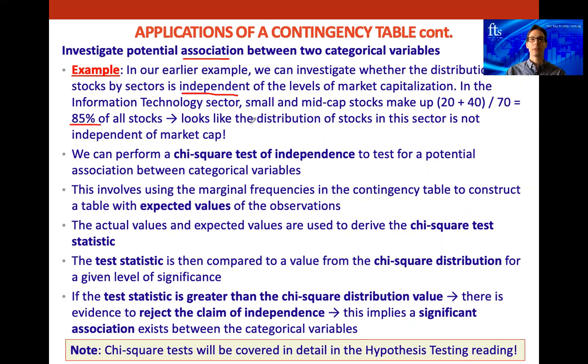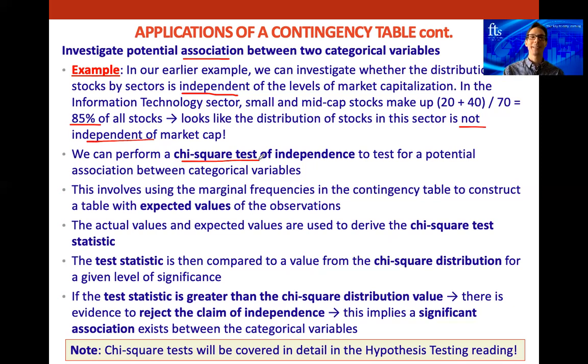So it looks like the distribution of stocks in the sector is not independent of market cap, because the small and the mediums are dominating by far. So what we can do is perform what we call a Chi-square test of independence to test for a potential association between categorical variables.